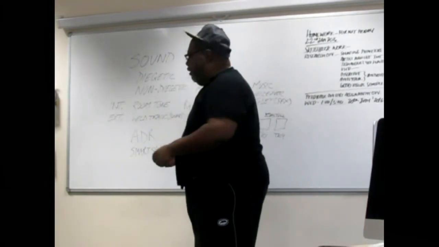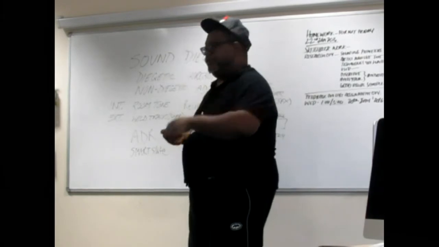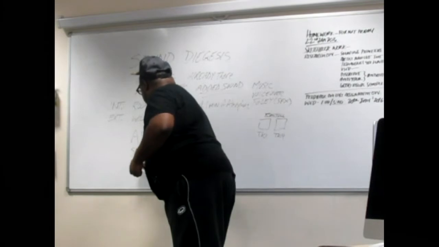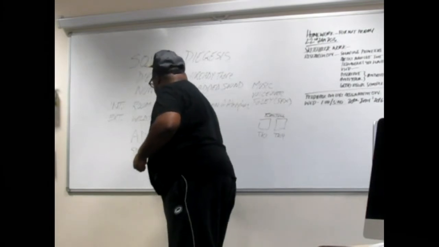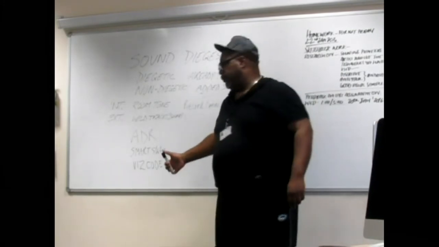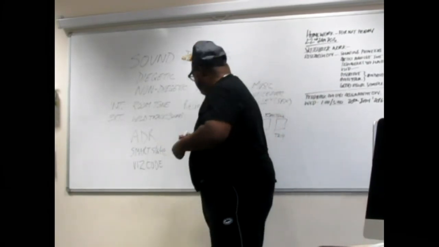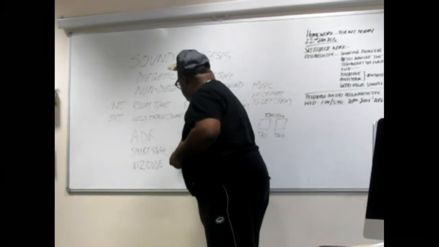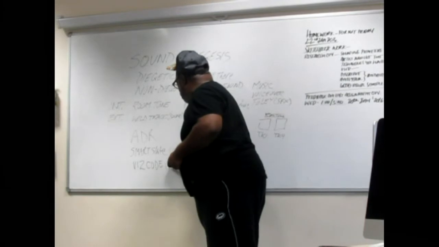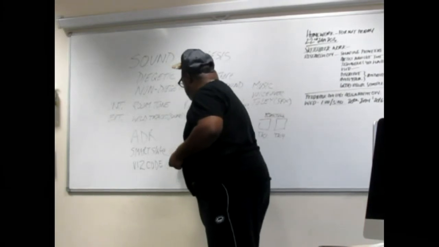And the reason I'm going to explain it is because it's an editing class. What you really mean is what they call Viz code. So the smart slate, which is electronic, has the visual time code, right?